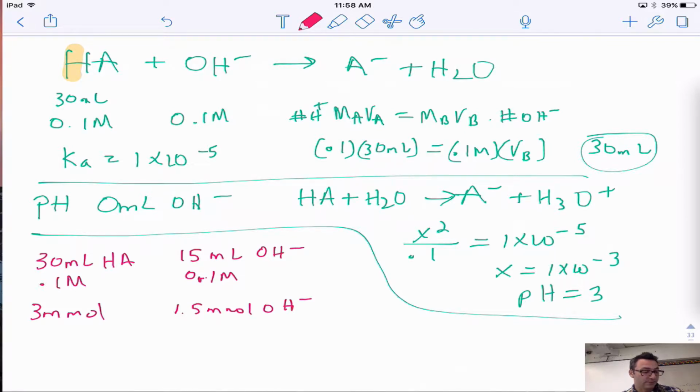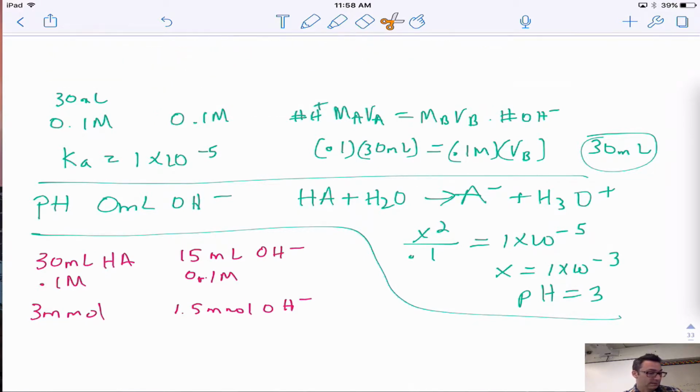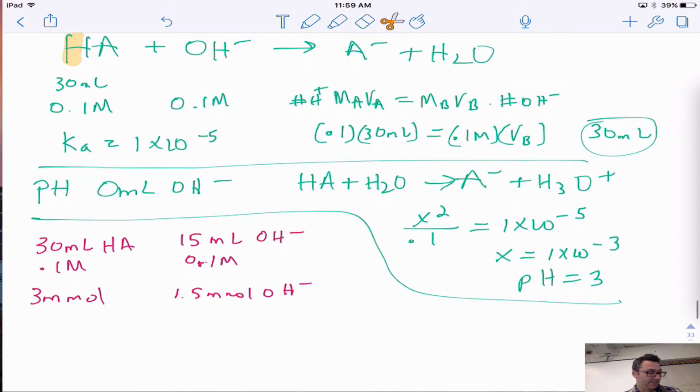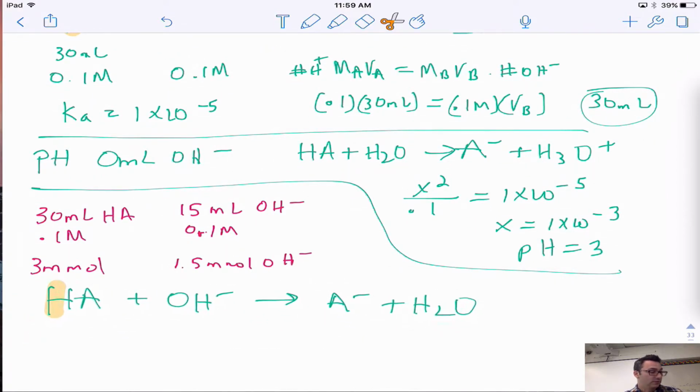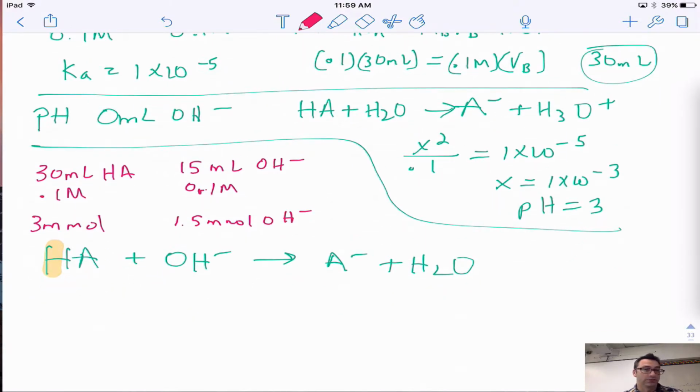Well, now, using my reaction up here, if I copy and paste it down here, well, now I'm going to have my moles of each one. I'm going to react them.